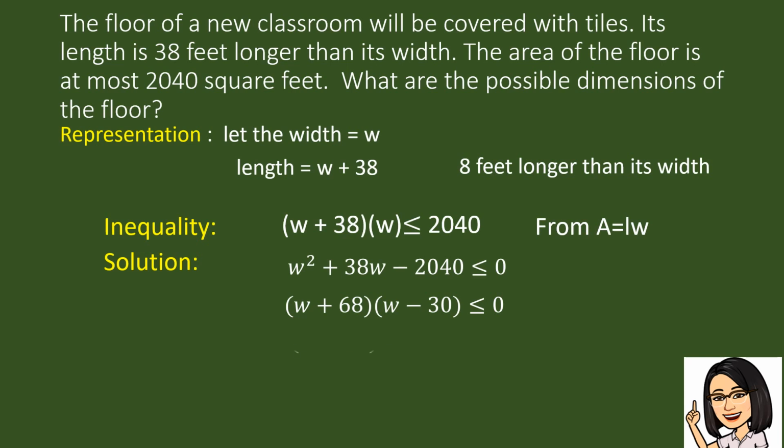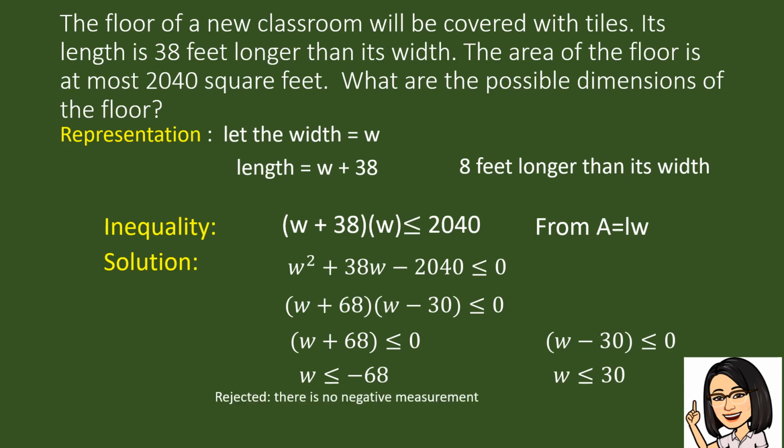By addition property of inequality, W plus 68 is less than or equal to 0, and W minus 30 is less than or equal to 0. So W is less than or equal to negative 68, and W is less than or equal to 30.